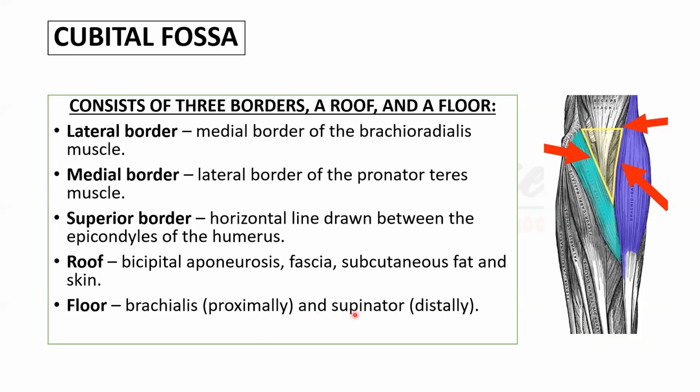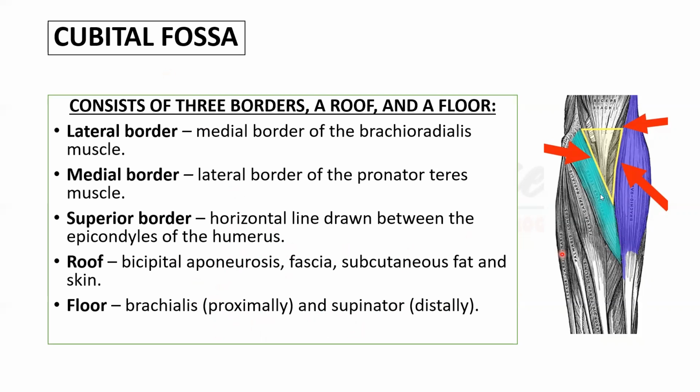This is the floor of the cubital fossa. What you have to remember: the floor is by brachialis and supinator; the roof is the bicipital aponeurosis, fascia, as well as subcutaneous fat and skin. So these are the things that form the borders of the cubital fossa.